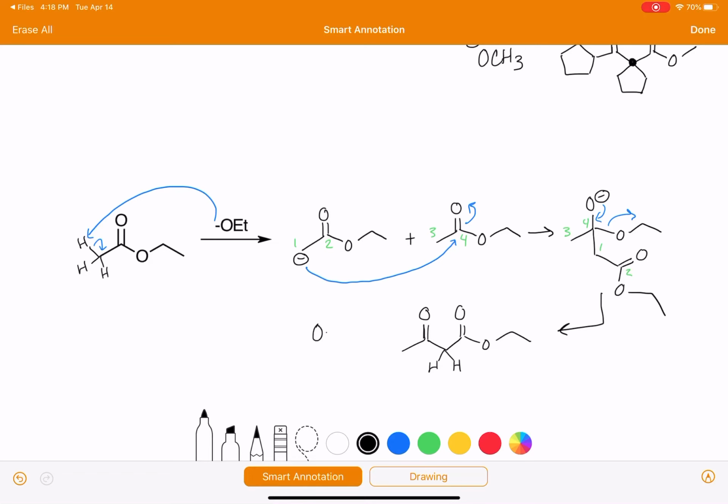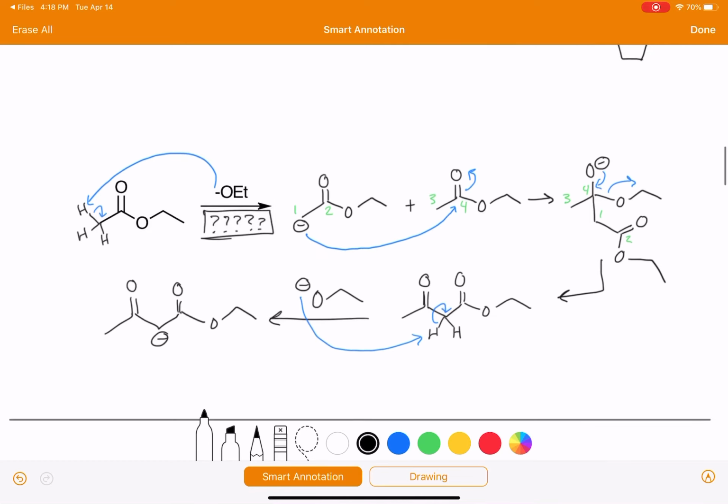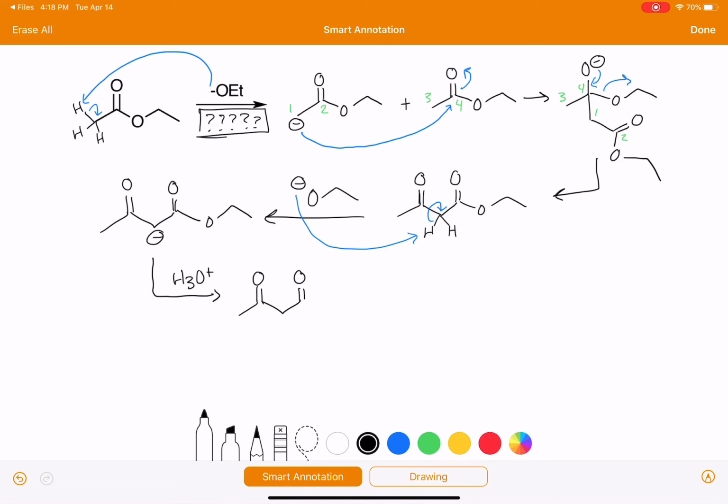So that ethoxide that we kicked off as a leaving group is going to grab one of them and create an enolate like that. And technically, because nothing was listed down here as a step 2 on this worksheet, this is technically where the reaction should end. But let's go ahead and give it some H3O plus just so we can practice that and form the actual product.